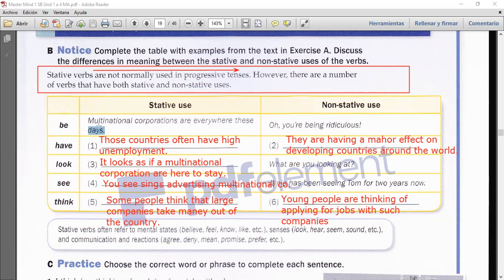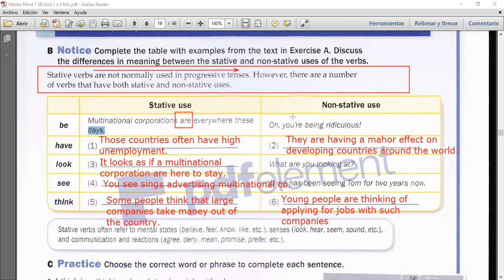Example 1, with be. Multinational corporations are everywhere these days. This is stative. You are just saying what you think. With be, we are now using non-stative.